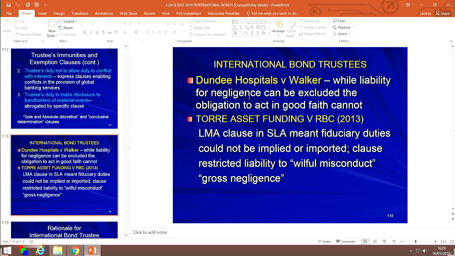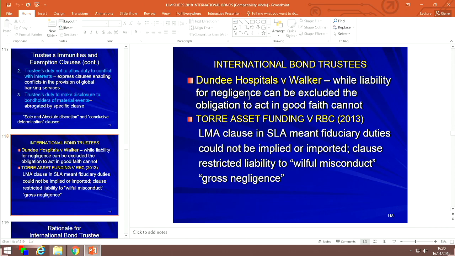Because if a trustee had liability, Deutsche Bank trustees would want insurance to cover any liability that might arise. Thus, in order to reduce insurance premiums and thereby the cost of a bond, you have these extremely broad exemption clauses. That's the commercial side of it.